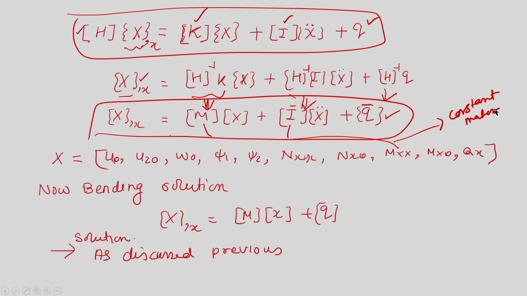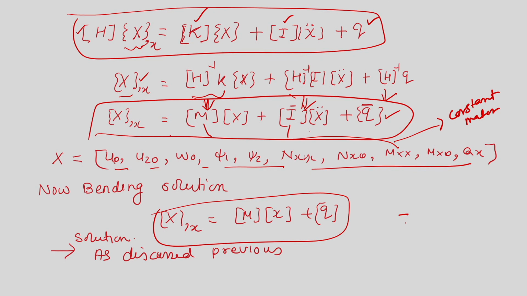You know that if we are going to solve a bending case, our x will be u10, u20 and so on, with 5 displacements and 5 stress resultants. For the case of a static solution there will be no dynamic term. This equation is similar to z comma x equal to a times z plus q.